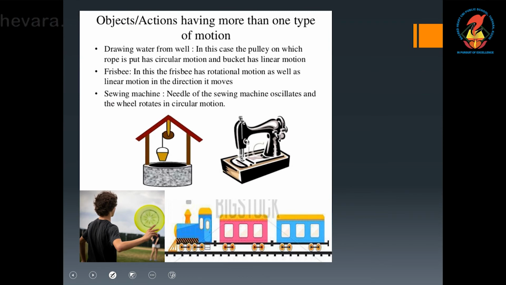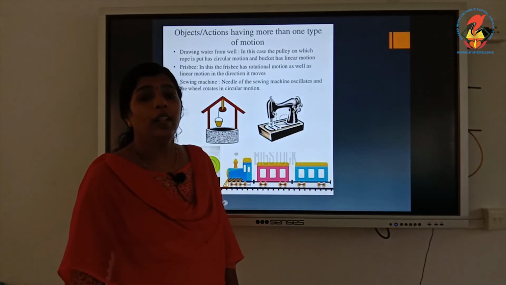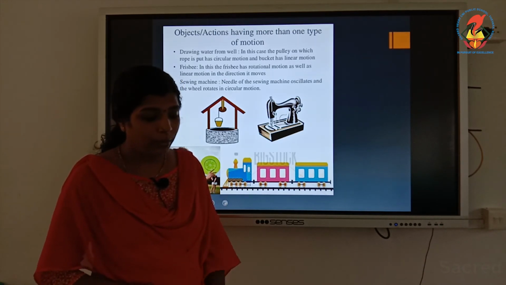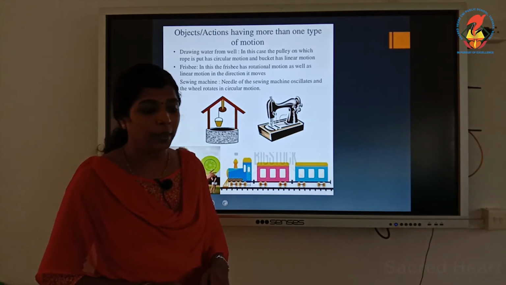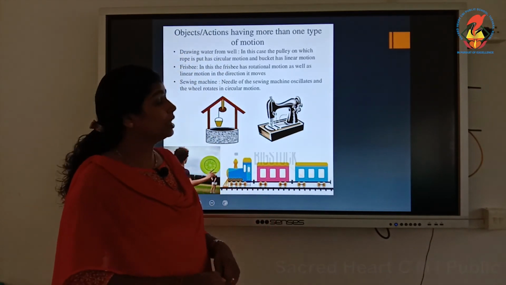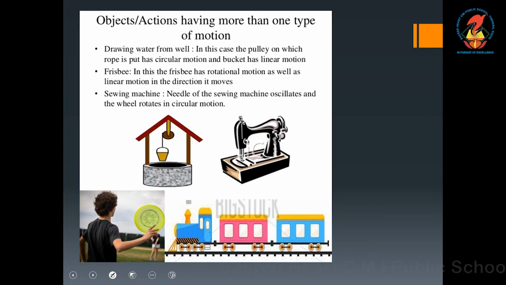Now, certain objects have more than one type of motion. Objects or actions having more than one type of motion.